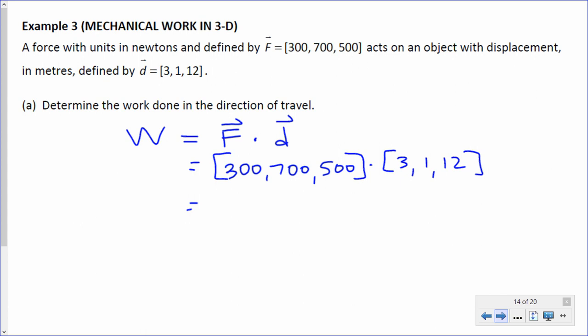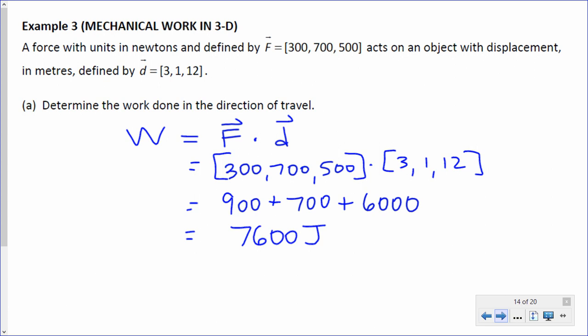Apply dot product, get 900 plus 700 plus 6,000 becomes 7,600 joules. Answered. Hooray.